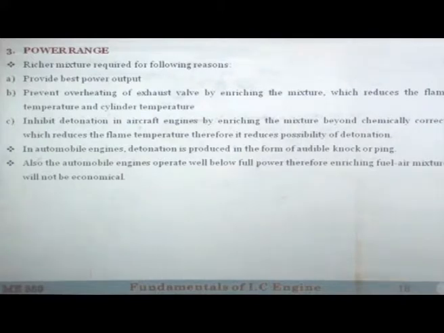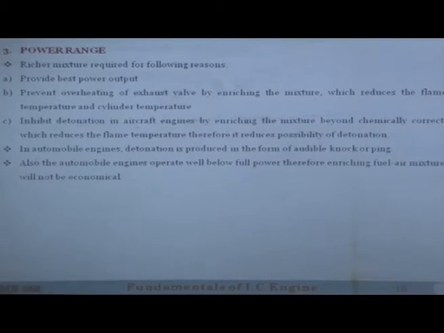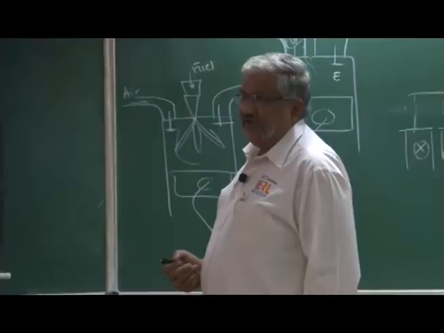Automobile engines operate well below full power. Do you remember any time when you have pulled 100% throttle of your car or scooter or motorbike? At least I have never pulled it in my life. It is very difficult to extract 100% because you don't have that kind of conditions. But what about the aircraft? Do you have to pull full throttle, especially when you are taking off?